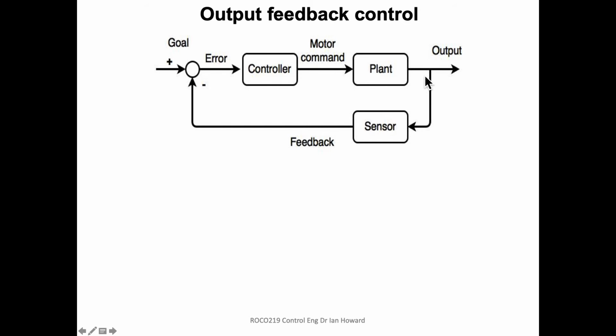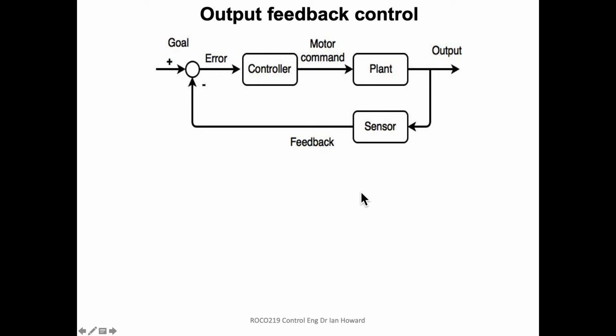We actually measure what it's doing, look at its output, feed this measurement back to the input, and compare it with what we wanted it to do. We generate a difference signal, and it's the difference signal that actually drives the system. In this way we can get systems to perform much better than just telling it what to do and hoping it does it.